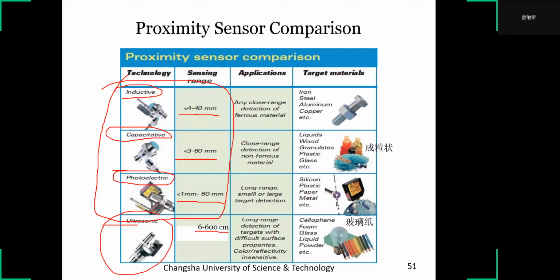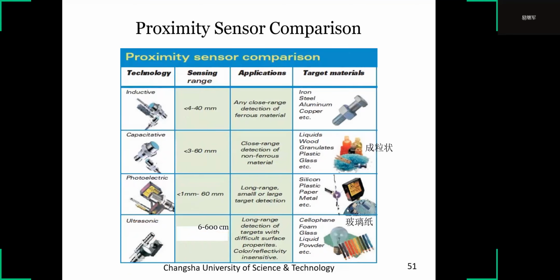Application. Inductive: close range detection of ferrous material. Capacitive: close range detection of non-ferrous material. Photoelectrical: long range, small or large target detection.